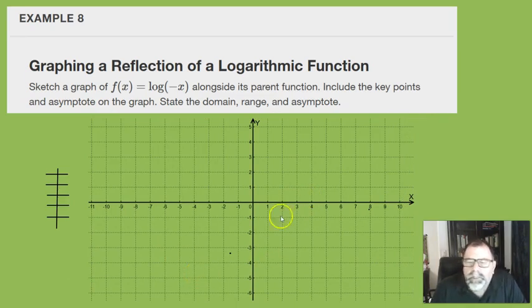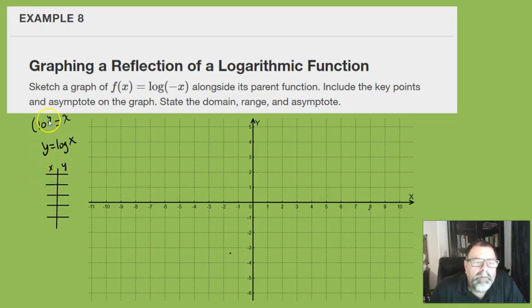Or I can change my scale, but oh well. Here's the parent function, y equals log base 10 of x. I'm going to think 10 to the y equals x. Remember, if you don't see a base, the base is 10, the common log.